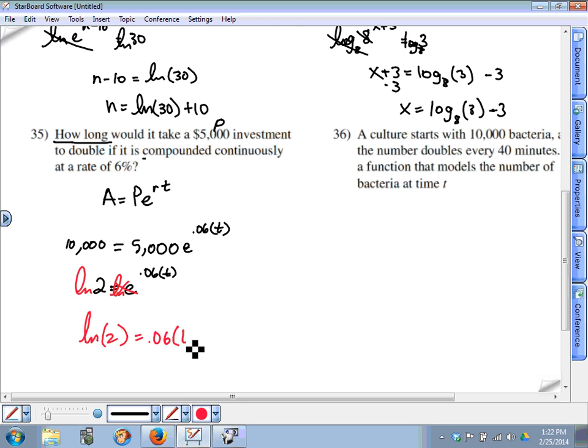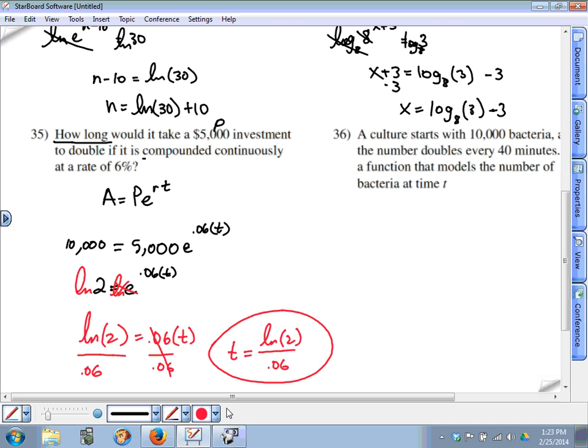They cancel, leaving 0.06 times t. You divide by 0.06, and the time it takes is the natural log of 2 divided by 0.06. Unfortunately, since we aren't allowed to use calculators, that's how we have to leave the answer in exact form.